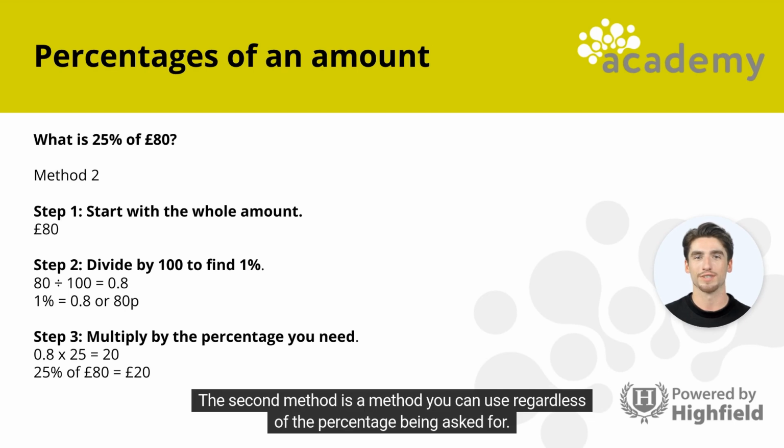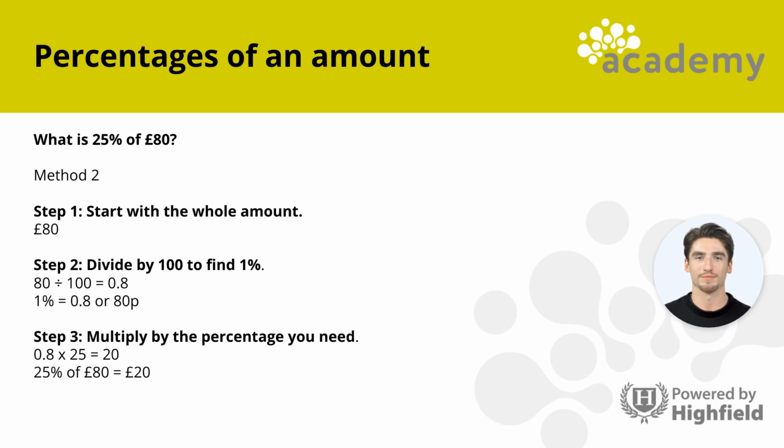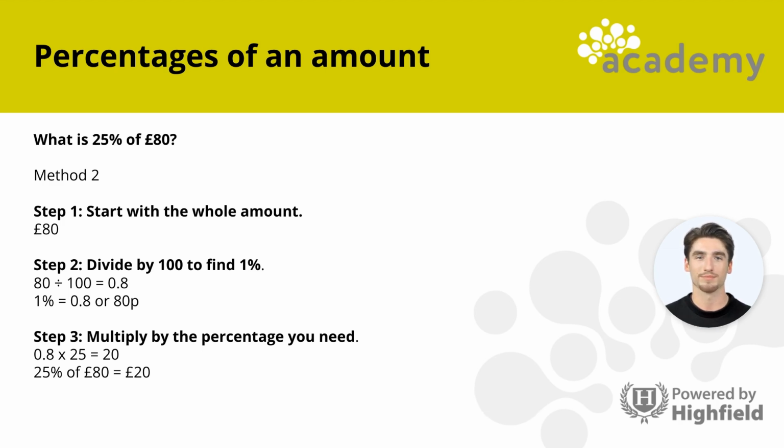The second method is a method you can use regardless of the percentage being asked for. Here are some steps you can follow. Step 1. Start with the whole amount. In this example, the whole amount is £80. Step 2. Divide by 100 to find 1%.